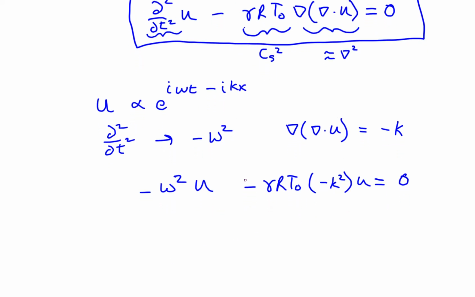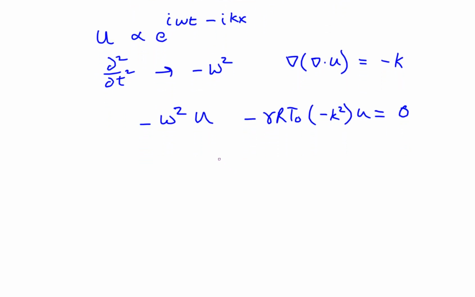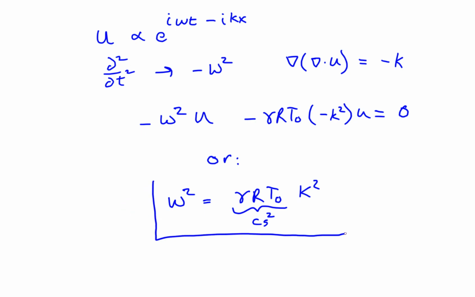Or, simplifying, our dispersion relationship, we get that omega squared is equal to gamma R T naught times k squared. Here again is our sound speed squared, and this dispersion relationship is the same as we found using the determinant method in our previous video.